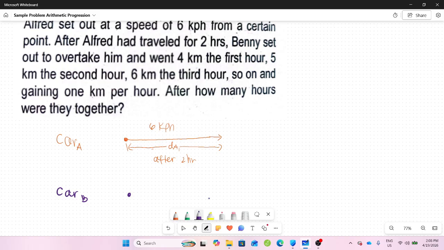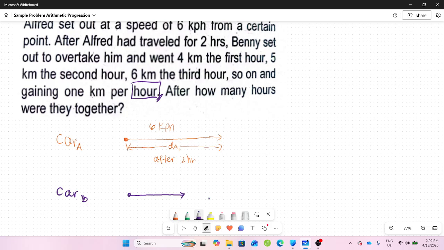After 2 hours, car B starts to move in this direction. The condition is that after every 1 hour, the speed of car B increases by 1.